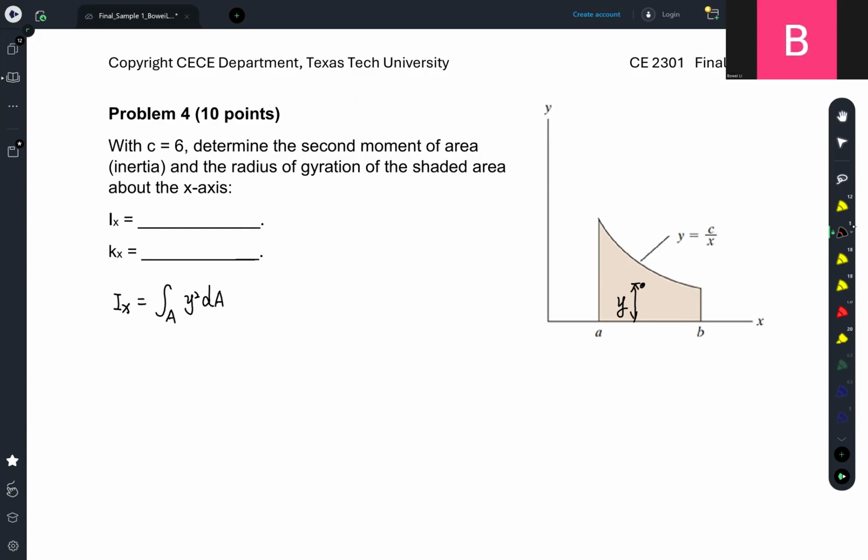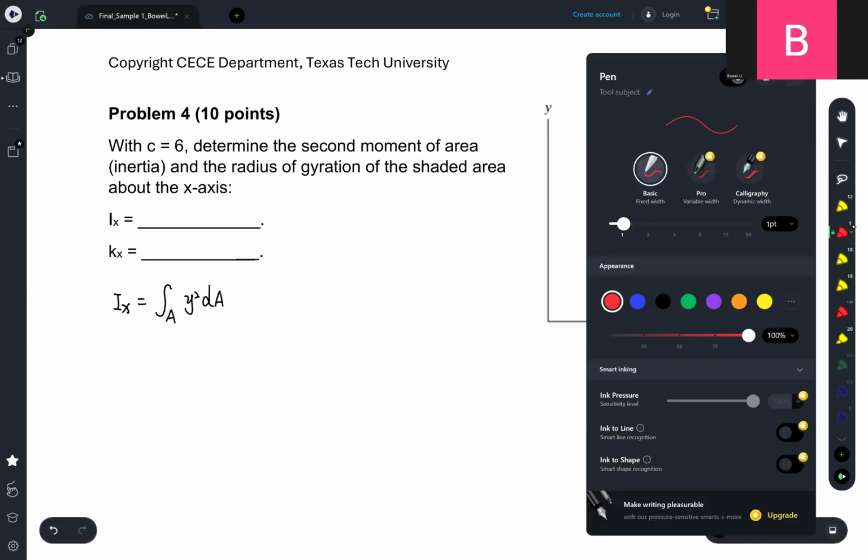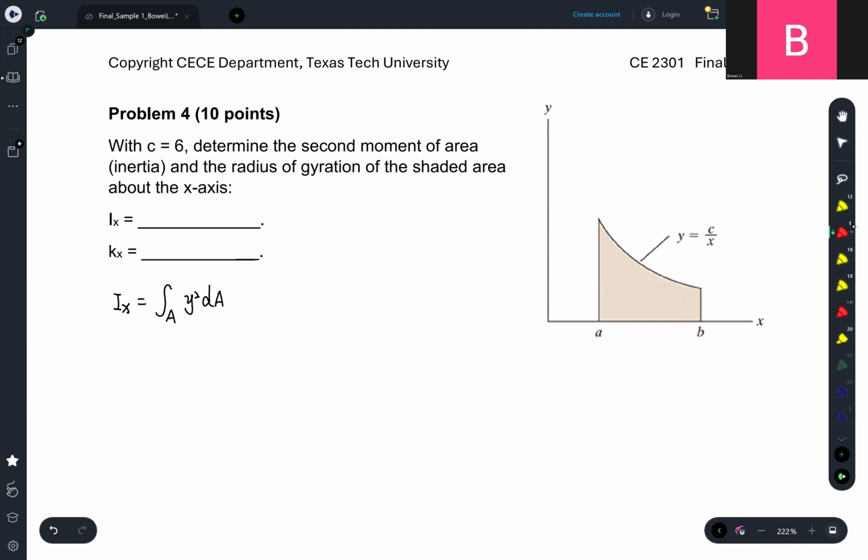For the integration of an area, how are we going to approach that? For a Cartesian coordinate system, typically what we do is divide. Here we naturally first divide along x.